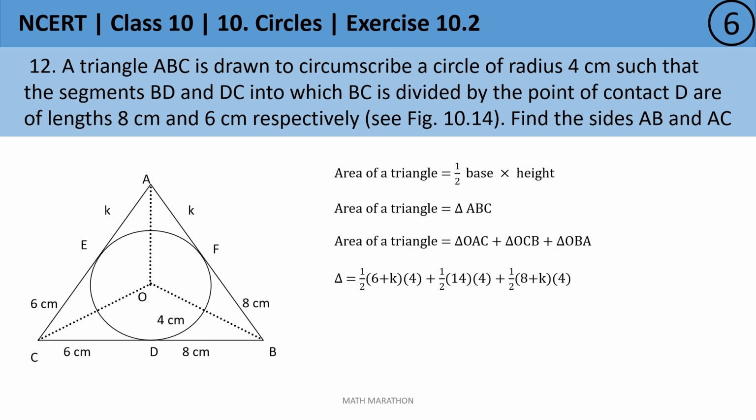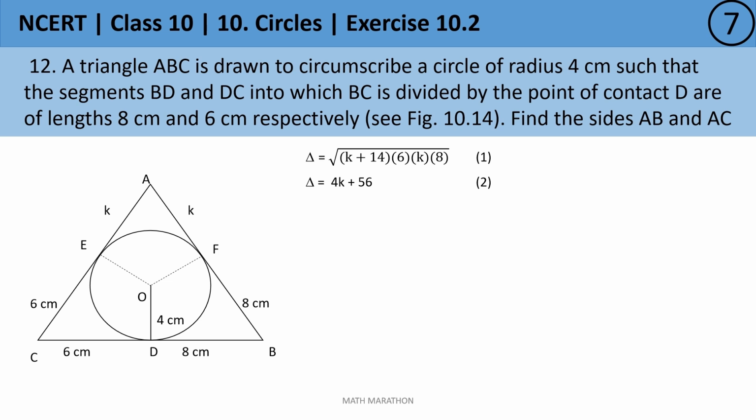Let us find the area of the three small triangles. Let us simplify further. On further simplification, we get area of triangle is equal to 4K plus 56. I have calculated the area of the triangle in two different ways. Let us equate them and find K.